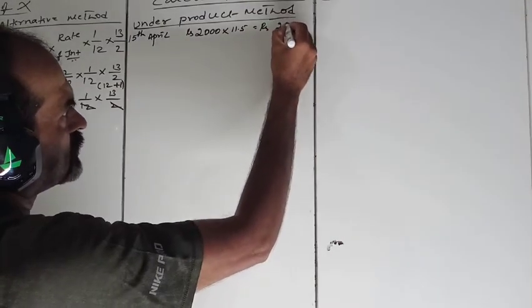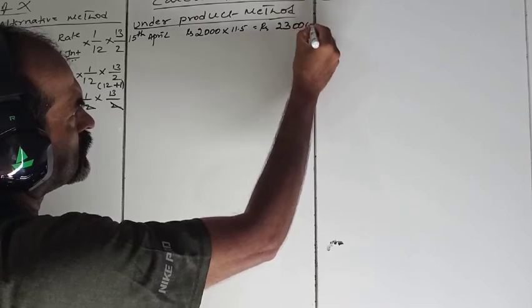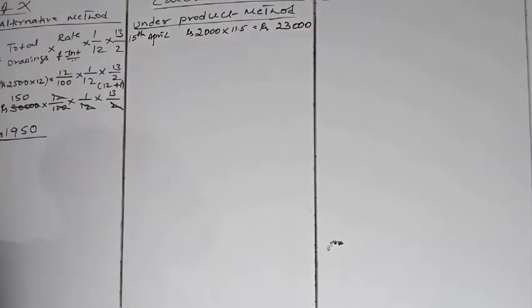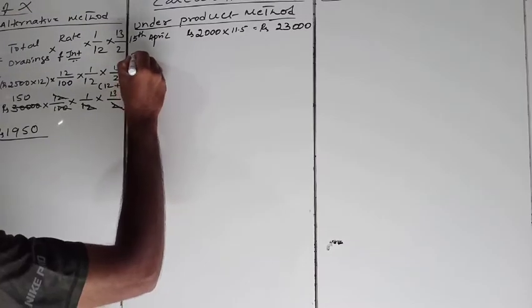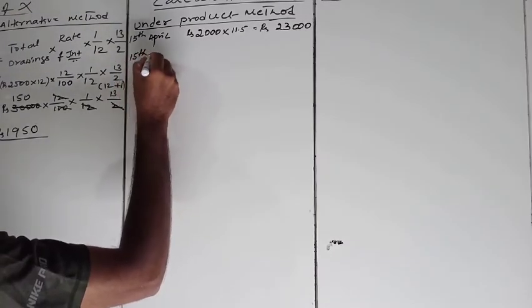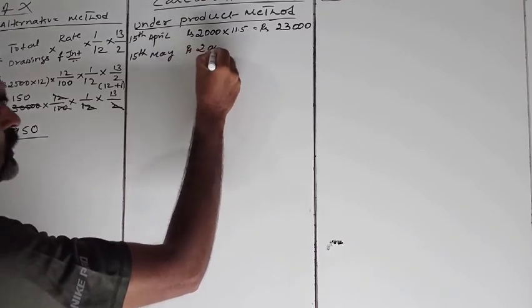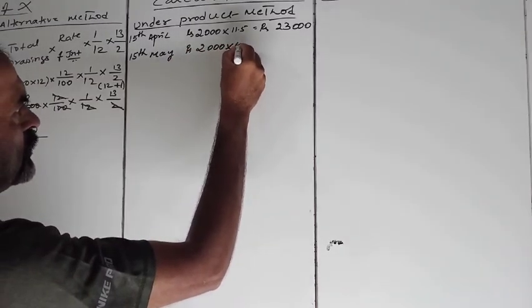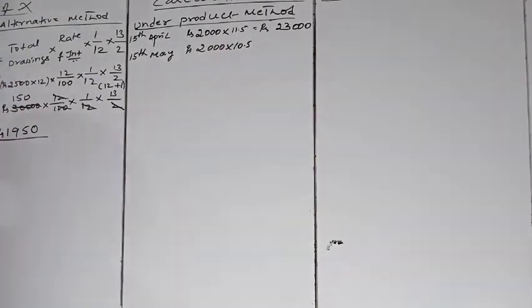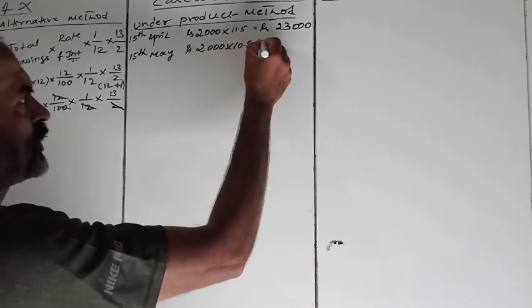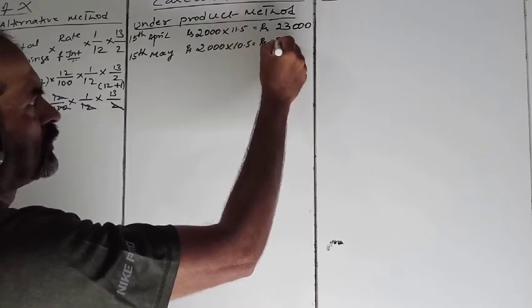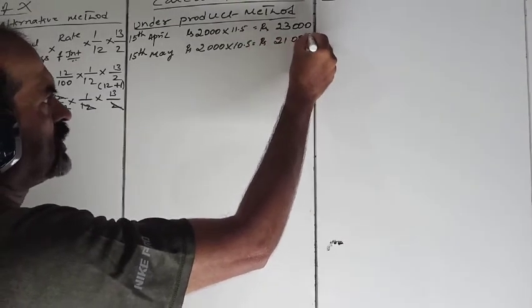Correct. The next, on 15th May, rupees 2000 up to 31st March, 10.5 months, the amount comes to rupees 21,000.